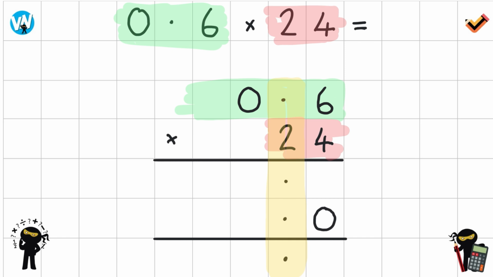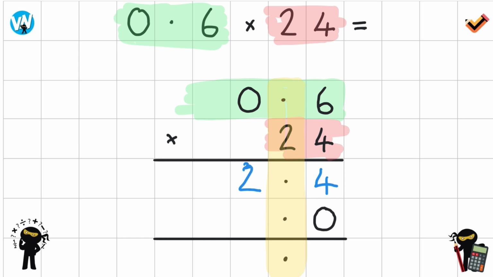So let's have a go. 4 times 6, remember, we're working just naturally in this row around the decimal. 4 times 6 is 24. So we put the 4 in, and carry the 2 into the next available column. Then 4 times 0 is 0, and we add the 2. So that's 2 in total over here.